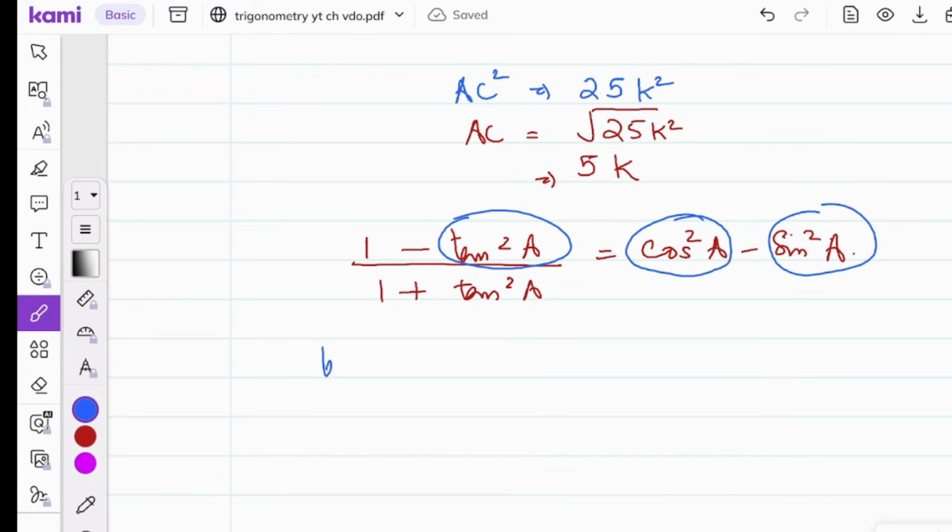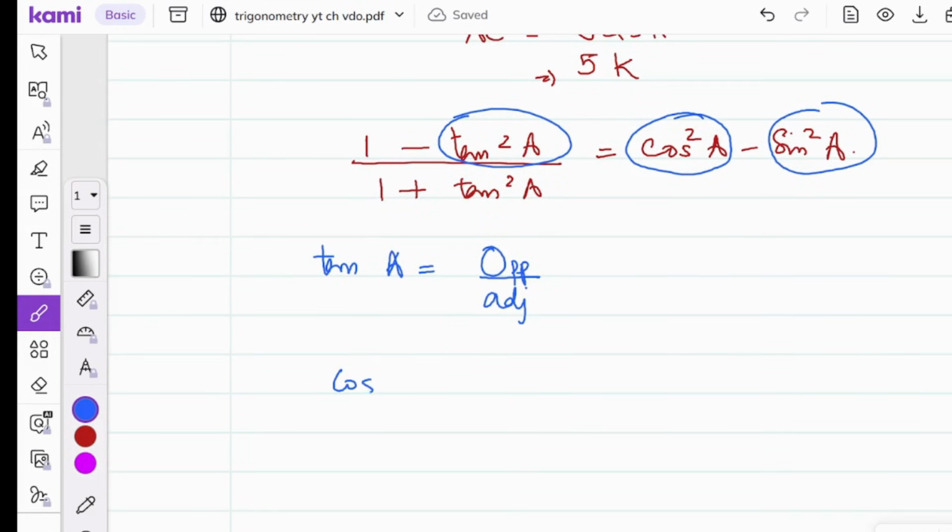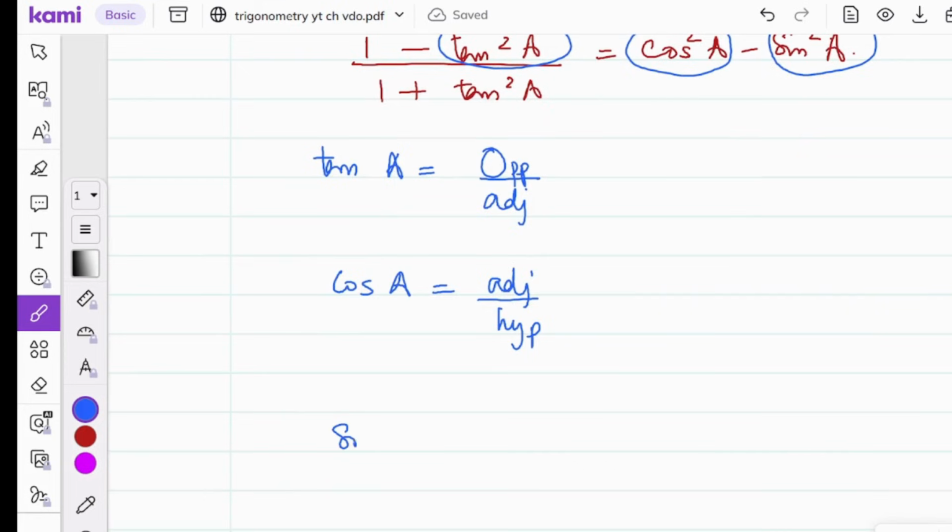So tan A equal to how much? Tan theta is equal to opposite divided by adjacent, right? Then what is cos A? Cos theta equal to adjacent divided by hypotenuse. Similarly, what is sin theta? Sin A equal to opposite divided by hypotenuse, right?